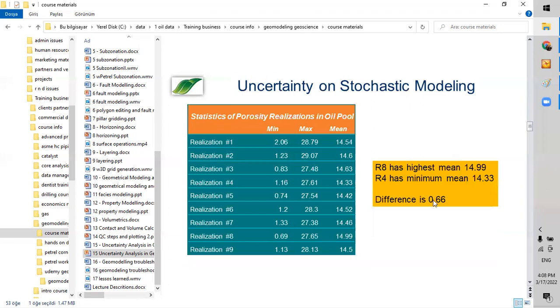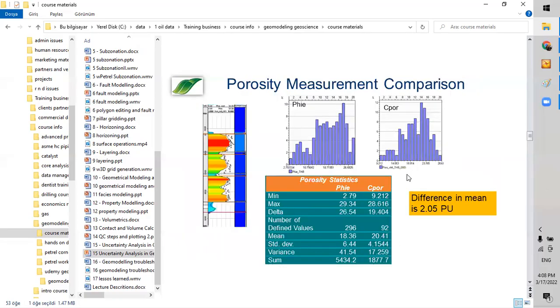And this one, 0.66, is based on the processing techniques. We are using stochastic modeling processing, and it might be uncertain at this level. So measurement is making a difference, processing is making a difference, so we have to consider each one of them.